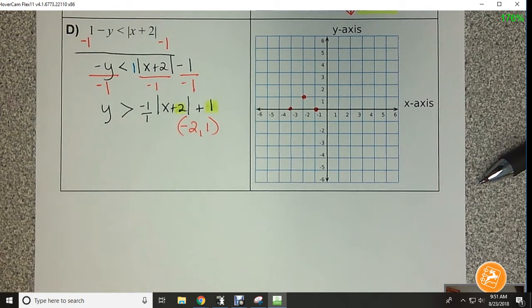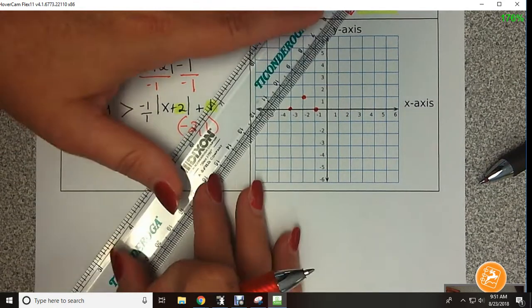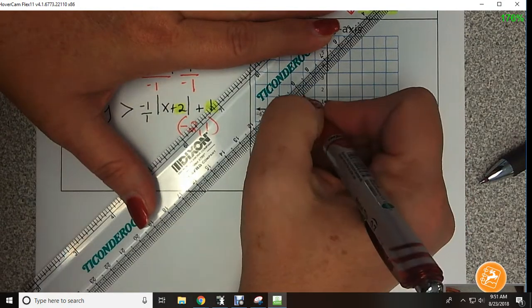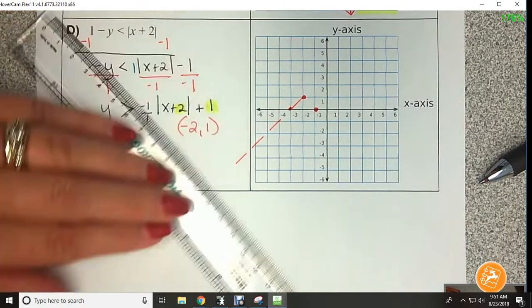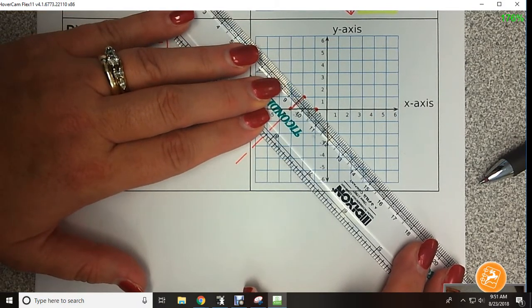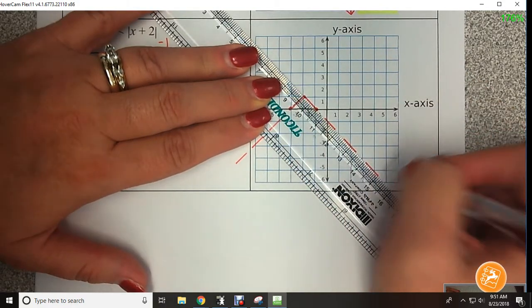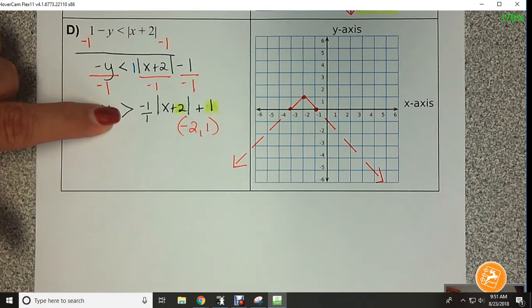Does it need to be solid or dotted? It's not equal to, so it's got to be dotted. And it says greater than.